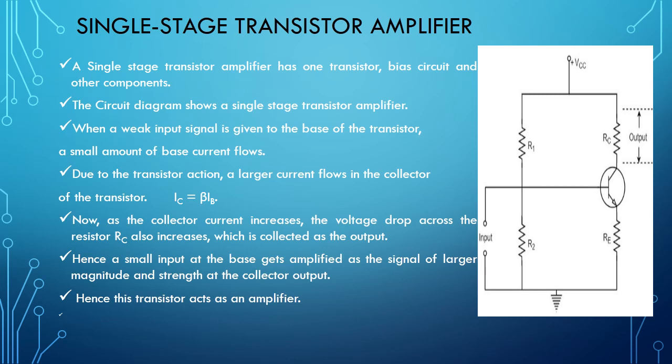Now, as the collector current increases, the voltage drop across the collector resistance RC also increases, which is taken as the output. Then we can say that a small input is applied at the base of the transistor, and a signal of larger magnitude and strength appears in the collector output. Hence, this transistor acts as an amplifier.